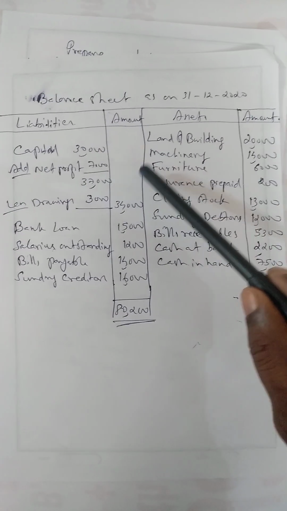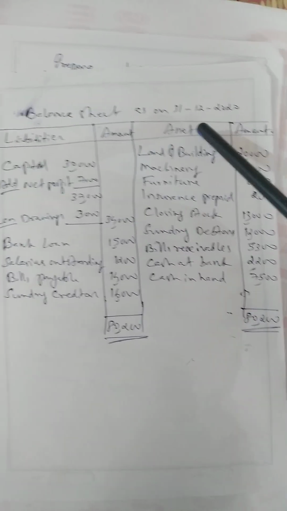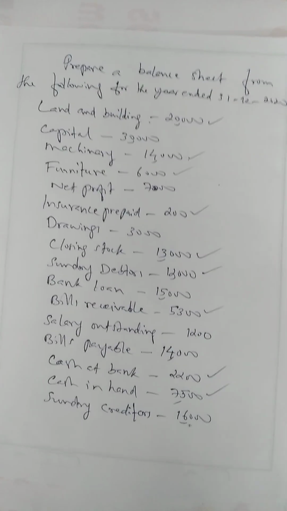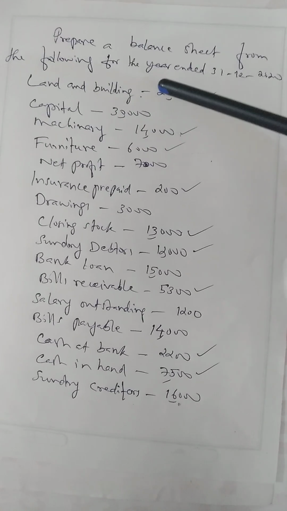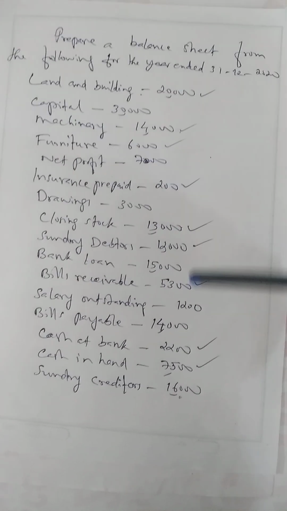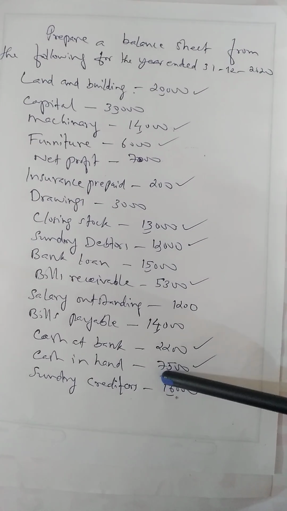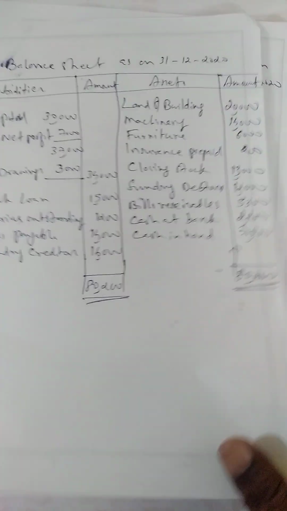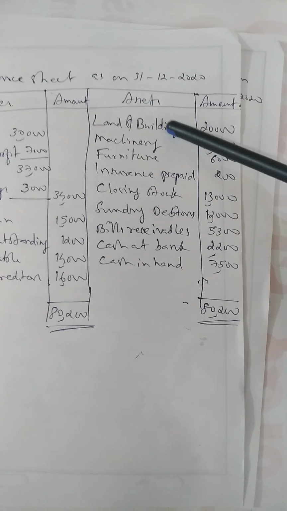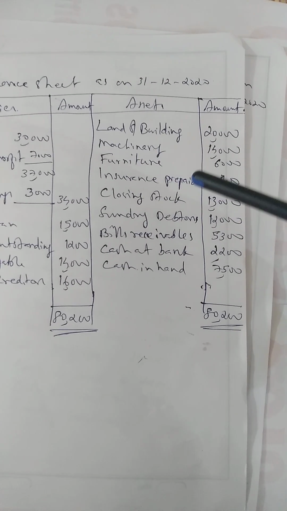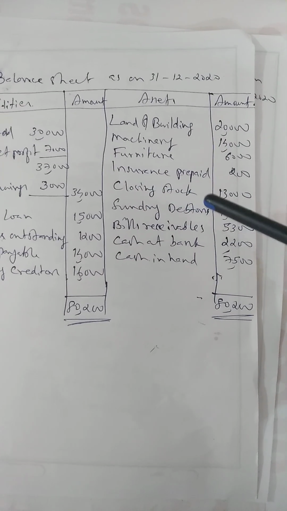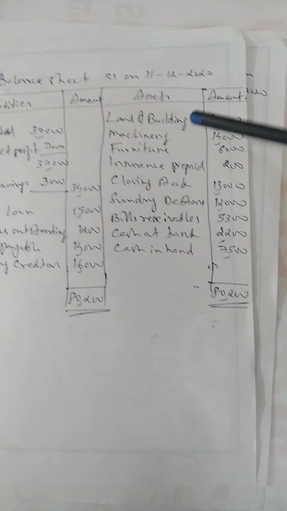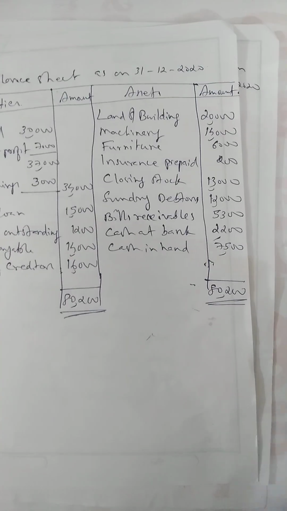Then left hand side liabilities and right hand side assets. We ticked all the items to be shown on the asset side. Just write these ticked items on the asset side: land and building, machinery, furniture, insurance prepaid, closing stock, sundry debtors, bills receivable, cash at bank, cash in hand. All the ticked items are shown on the asset side.